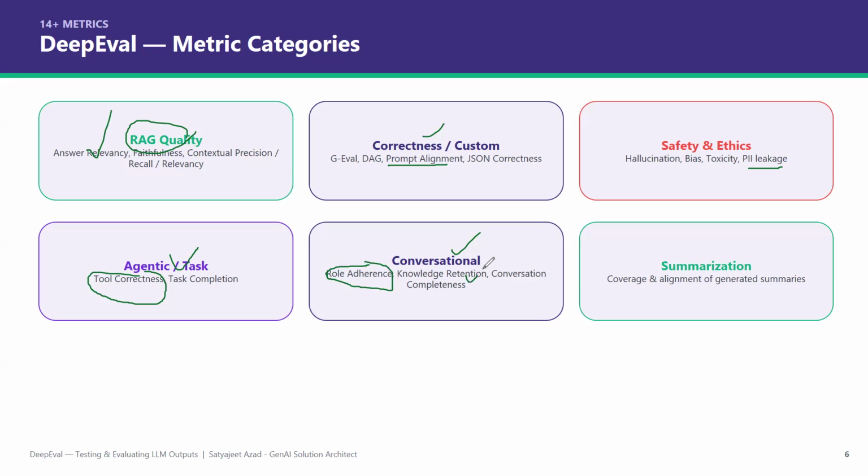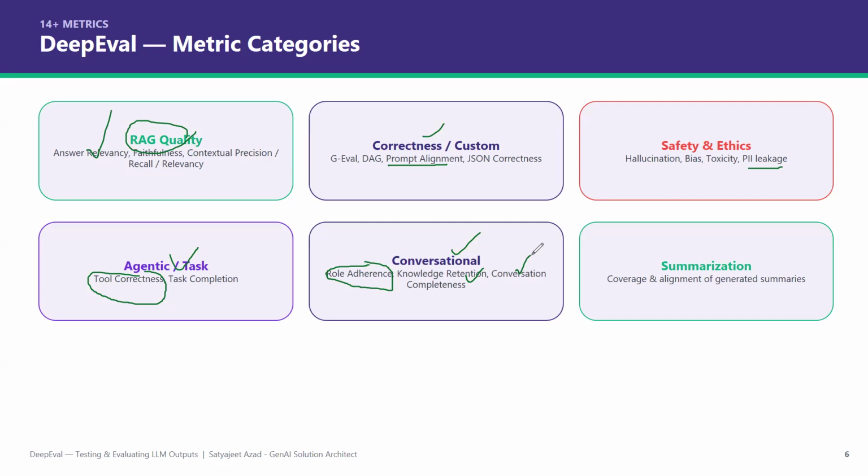Knowledge retention, whether what you retrieve from the knowledge base is being retained or not. And conversational completeness, whether the responses we are getting are complete, or whether they stop midway and you get only a half response.